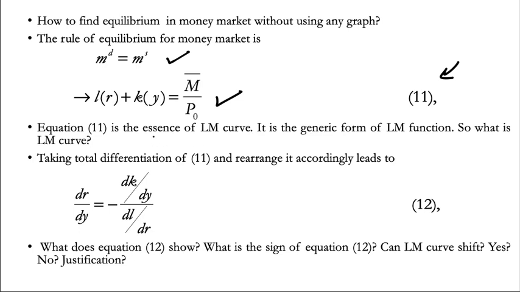So it is the essence of the LM curve. It is a generic form because the function here, you can see, you don't know what the slope is, unless you have very strong basic theory behind it, then you can decide whether the slope is positive or negative. Alright? So now we need to know the slope of LM, and we need to derive it using mathematics.